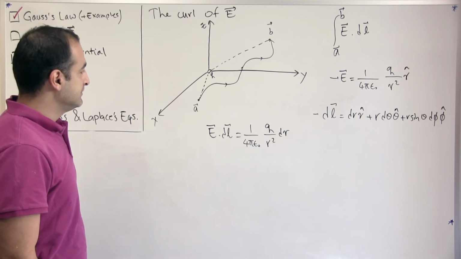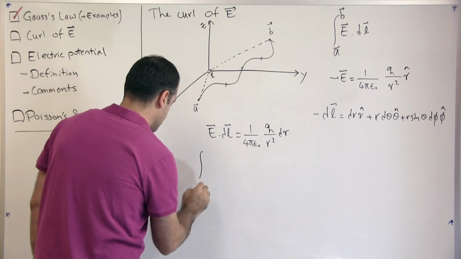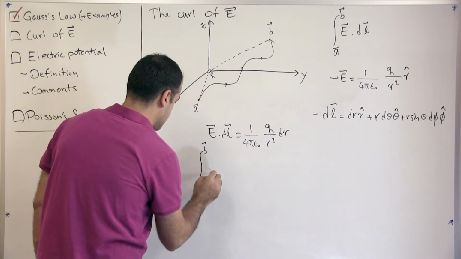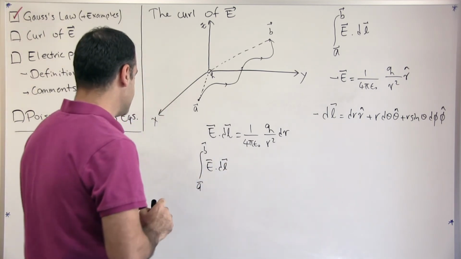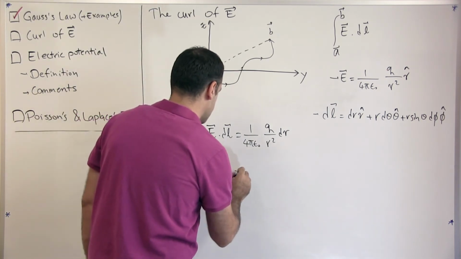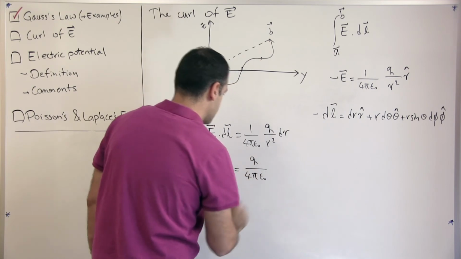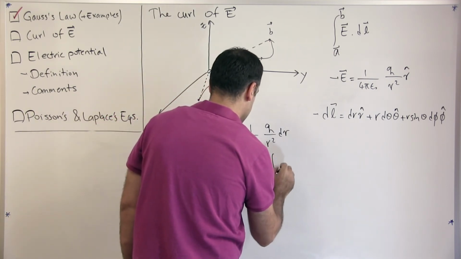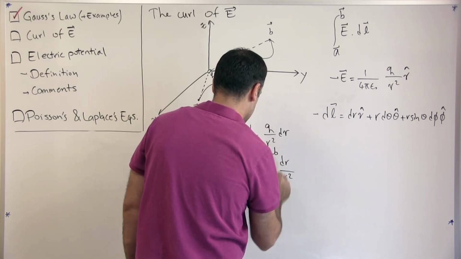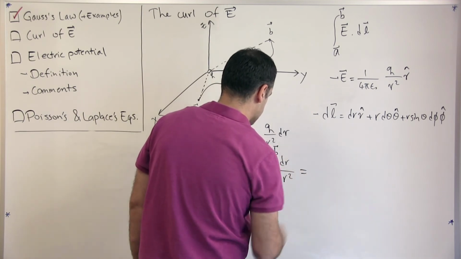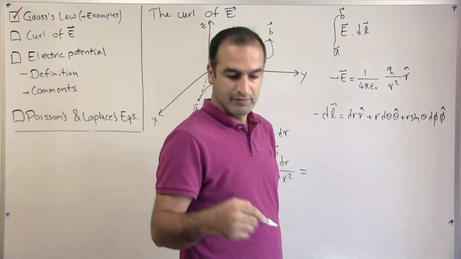Now if we integrate this from A to B, let's rewrite: the integral of E dot dl is equal to q over 4 pi epsilon 0 times the integral of dr over r squared from A to B. The integral of dr over r squared is the negative of 1 over r.